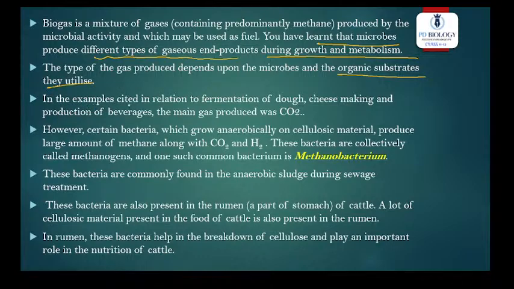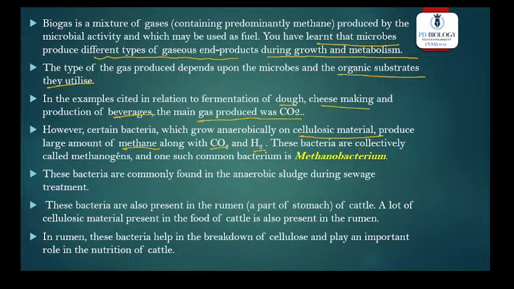In the examples cited in relation to fermentation, dough, cheese making and production of beverages, the main gas produced was CO2. However, certain bacteria which grow anaerobically on cellulosic material produce large amounts of methane along with carbon dioxide and hydrogen.